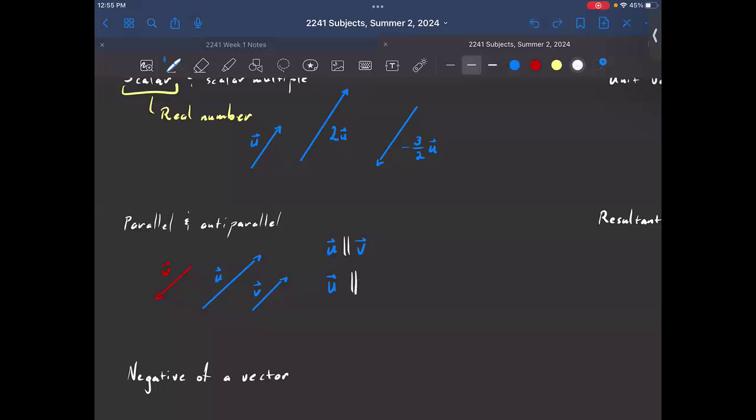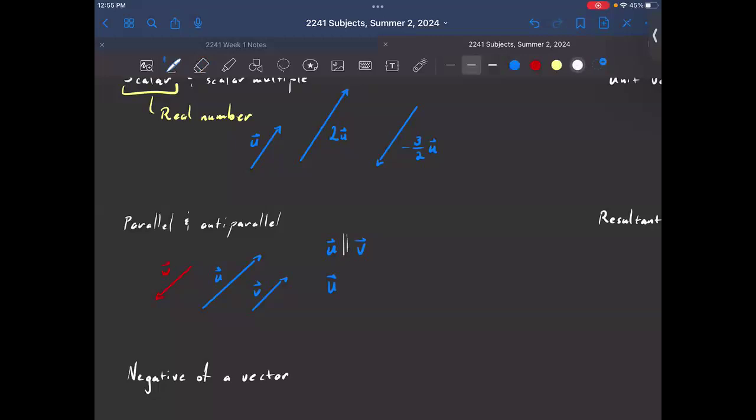That's not quite what I want. Let's put a little star on this for anti-parallel. Oh, you know what? Actually, this is better. Sorry, I'm making up this notation on the fly here. It's not standard.